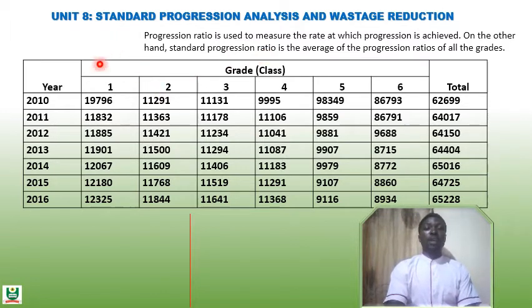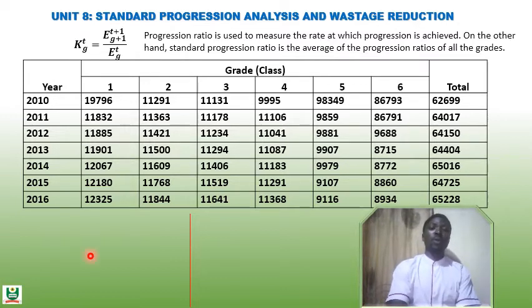So in calculating the progression ratio, this is what we need. The formula k raised to the power of t sub g is equal to e raised to the power of t plus 1 sub g plus 1 over e raised to the power of t sub g.